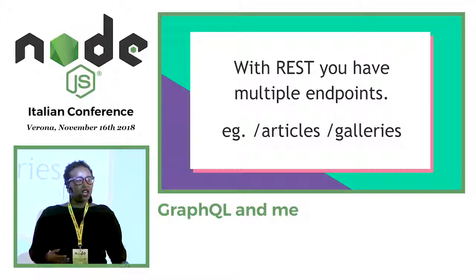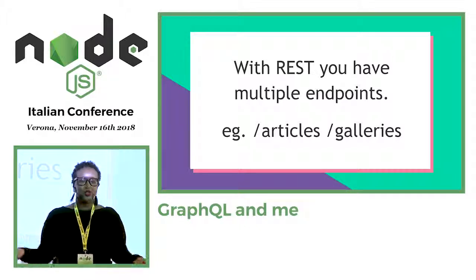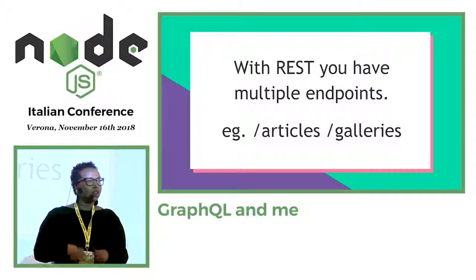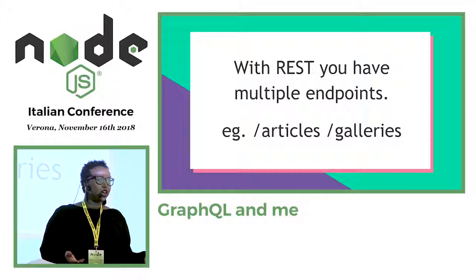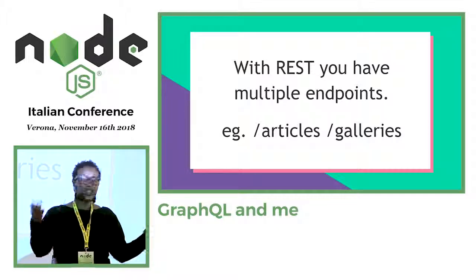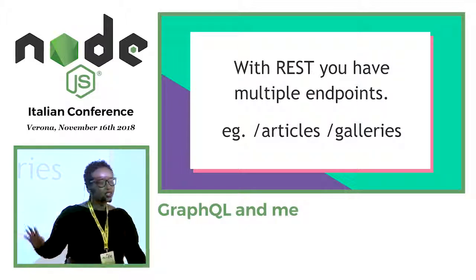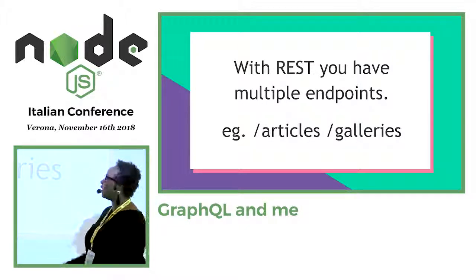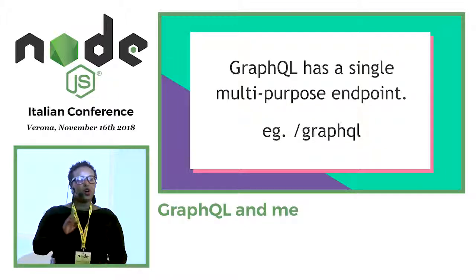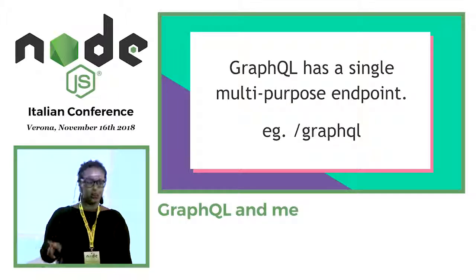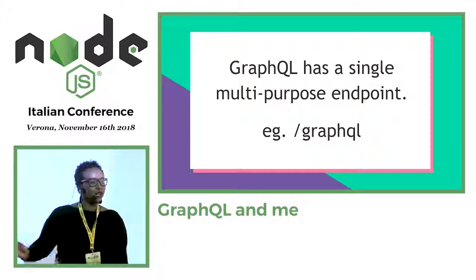With REST, you have multiple endpoints. As a developer, if you've created a REST API, you're probably used to it. You create a /articles endpoint, and then you create a /galleries endpoint, and then you continue. But with GraphQL, you have one multi-purpose endpoint, such as /graphql.